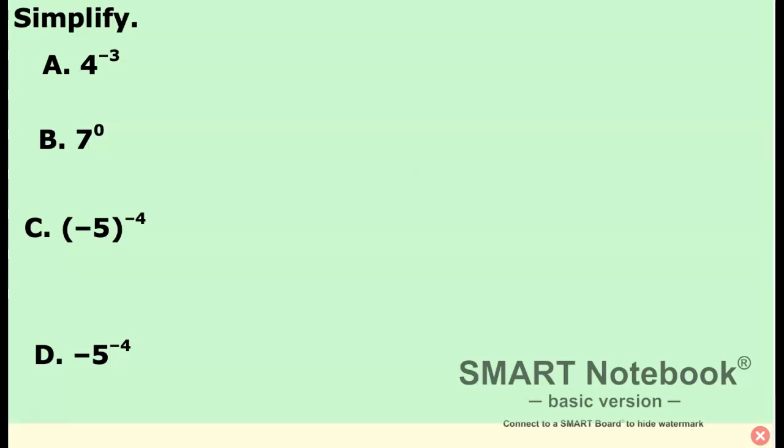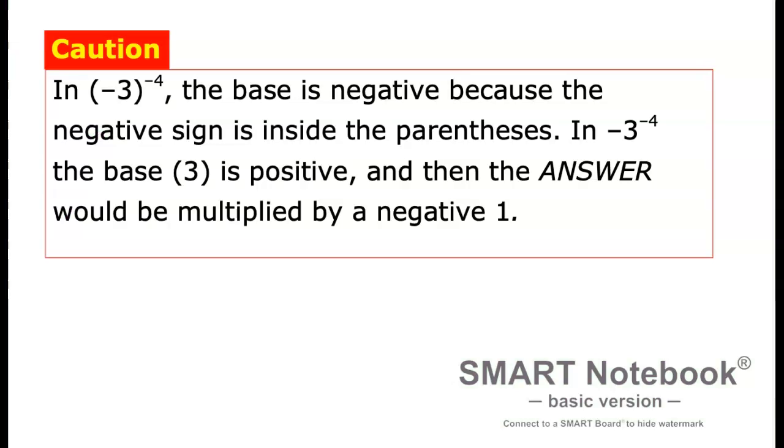The base is the number directly before the exponent. In this one the base is negative because the negative sign is inside the parentheses. So that means I'm using a negative 3 times a negative 3 times a negative 3 times a negative 3. If it's outside the parentheses, these two things go together, and then the answer would be multiplied by a negative 1 at the very end.